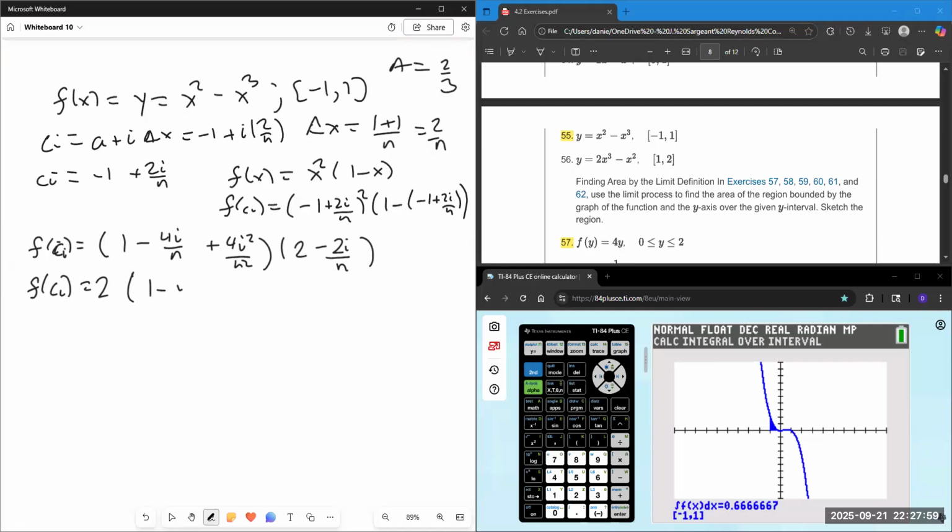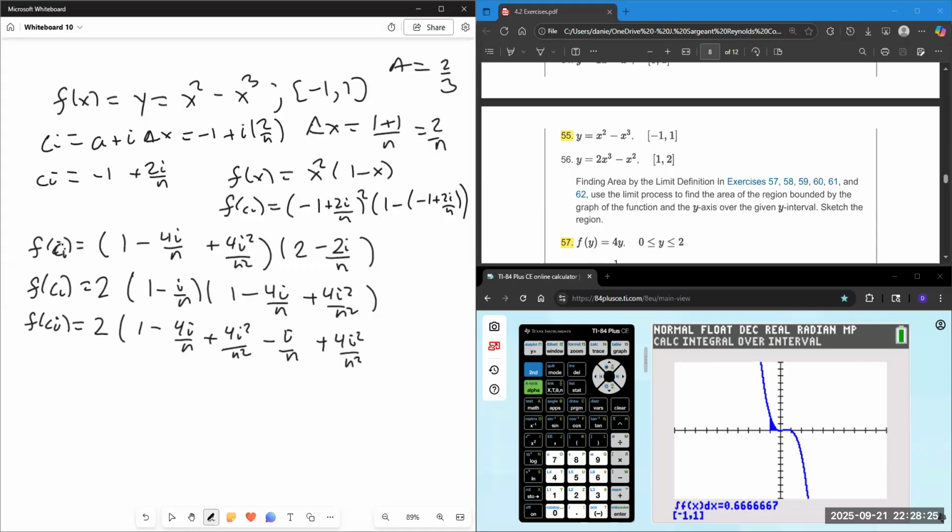Minus i over n times 1 minus 4i over n plus 4i squared over n squared. The f of ci is 2 times 1 minus 4i over n plus 4i squared over n squared, minus i over n plus 4i squared over n squared, minus 4i cubed over n cubed. Let's simplify.